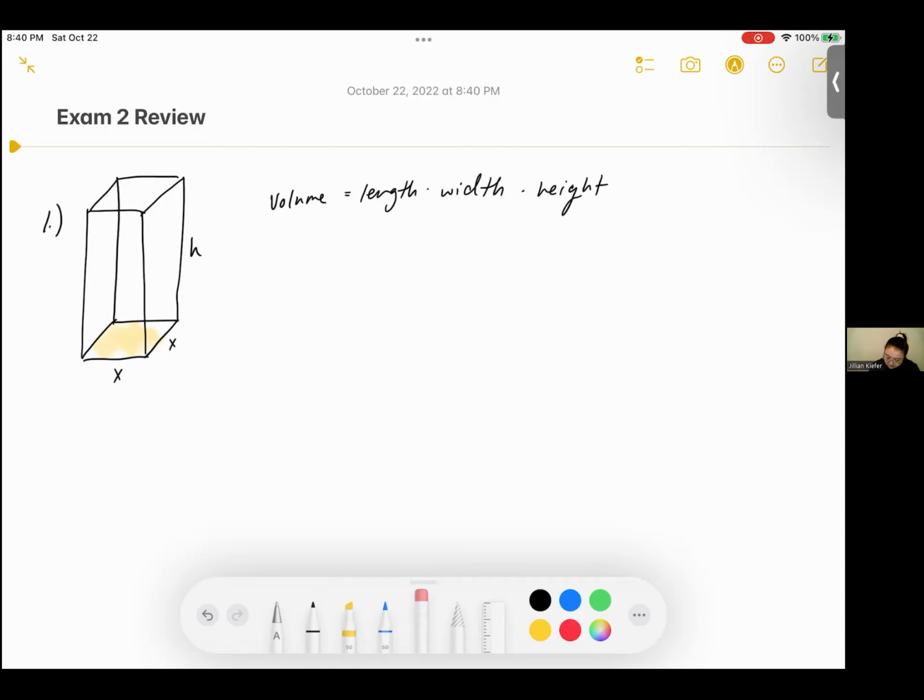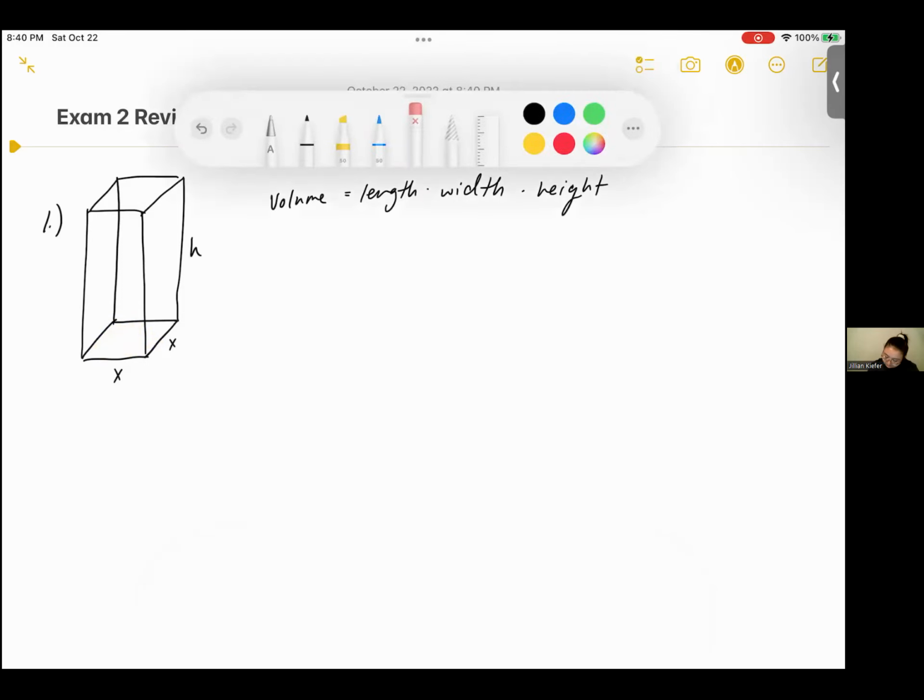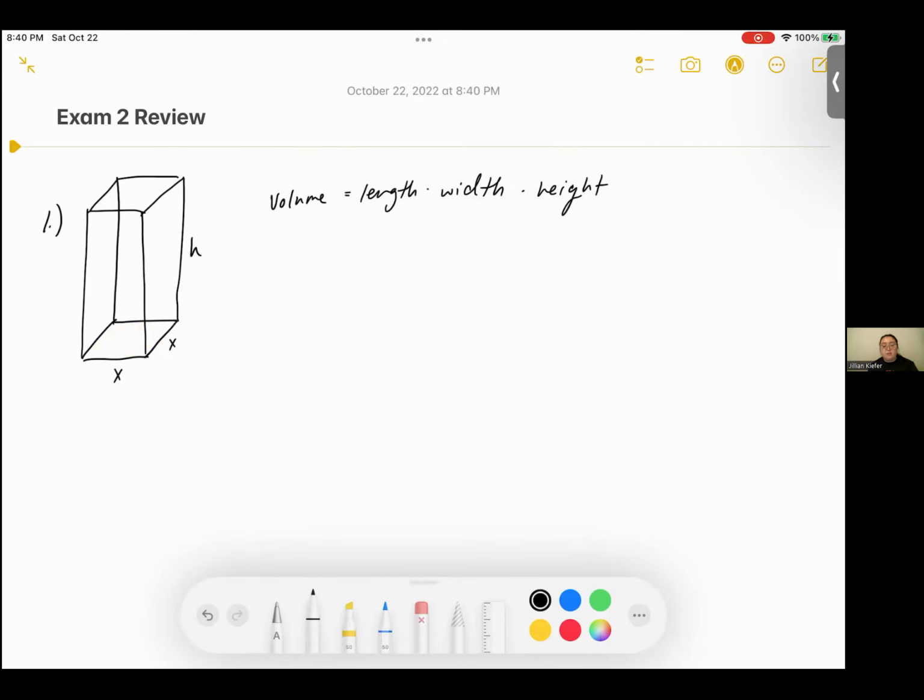And we said that the volume was equal to length times width times height. But really what we're looking at here is that we've got the length right here and the width right here.